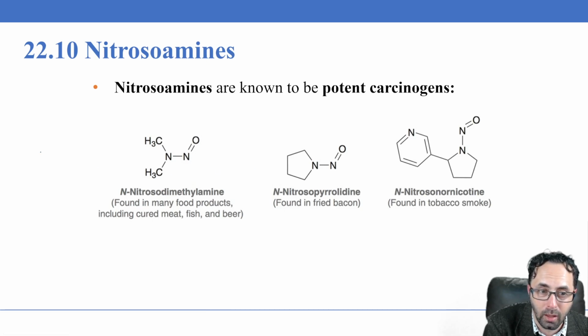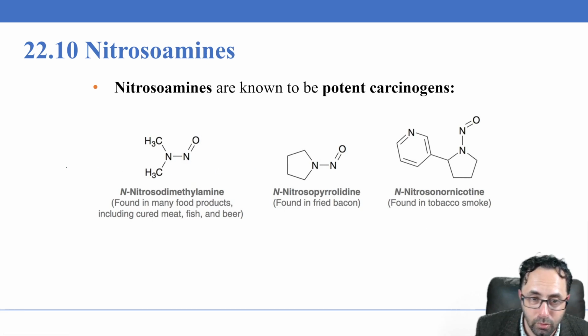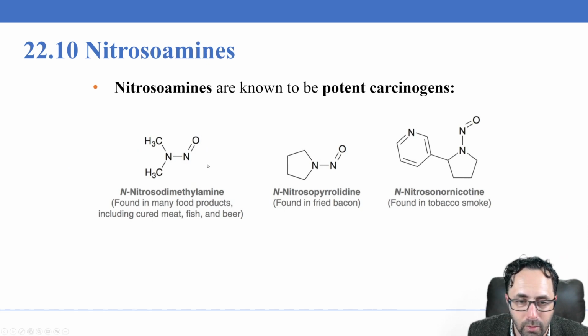Basically, if you eat hot dogs or something, these are going to be treated with nitrates, and they can make these nitrosamines. Fried bacon here, again, bacon being cured, treated with nitrates, and so this can produce carcinogens like N-nitrosyl-pyrrolidine here. And in tobacco smoke, we can also have a byproduct of nicotine, which is one of these nitrosamines here.